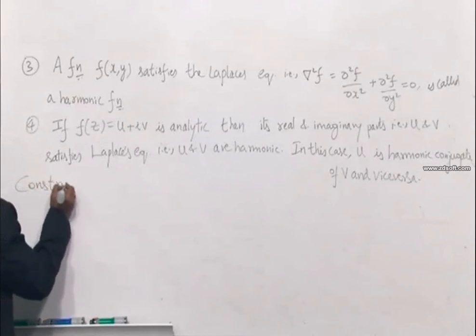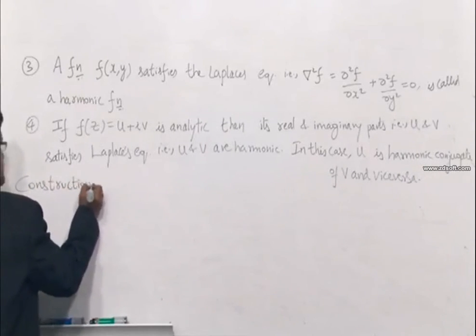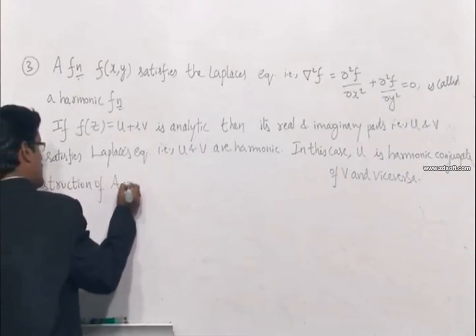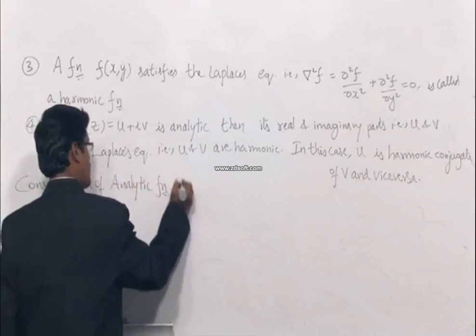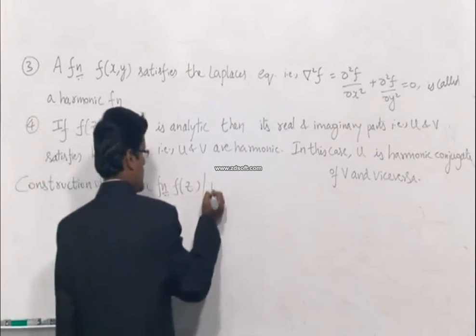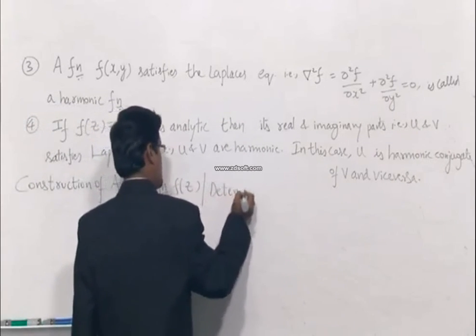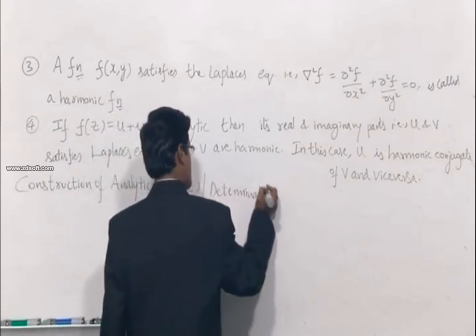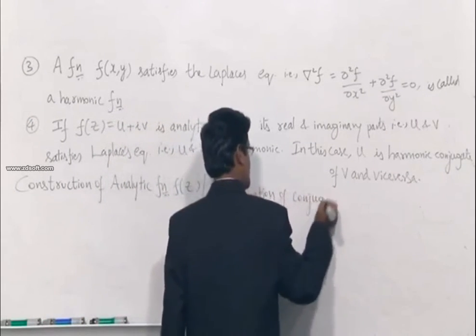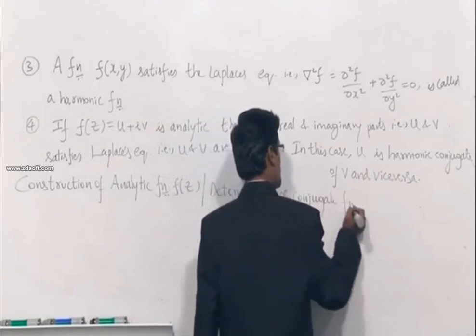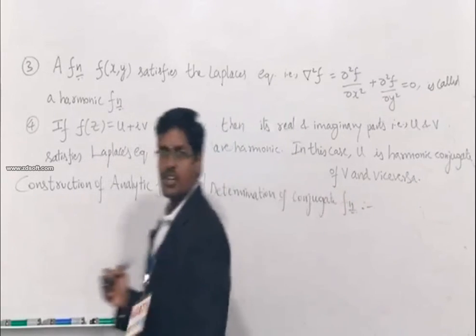Construction of analytic function f of z, or determination of conjugate function. Conjugate function means u is conjugate of v, v is conjugate of u.